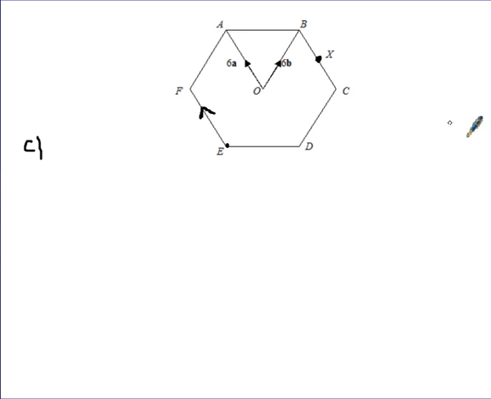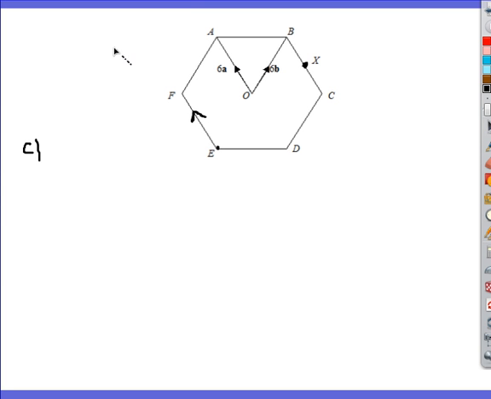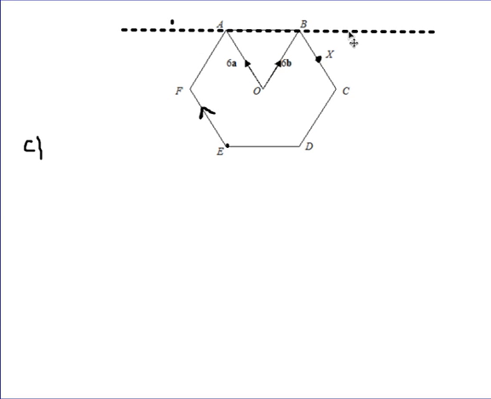AB, Y is the point on AB such that somewhere in here, we don't know quite where it is, such that AB is 3 to BY, which is 2.